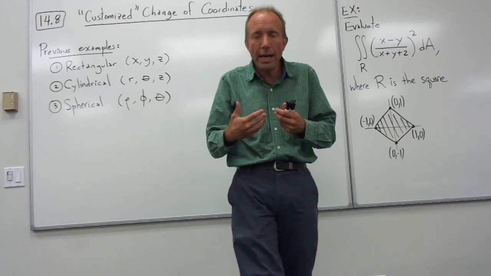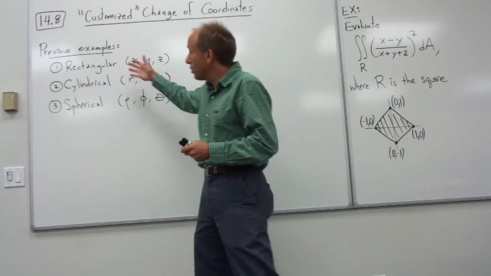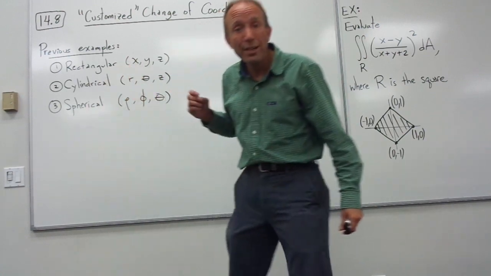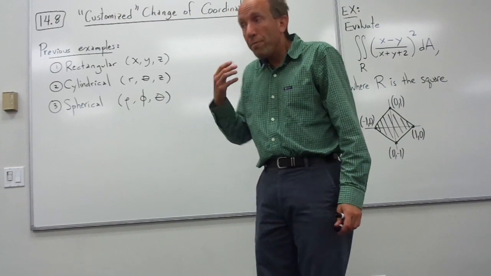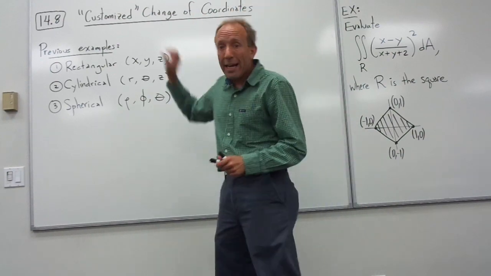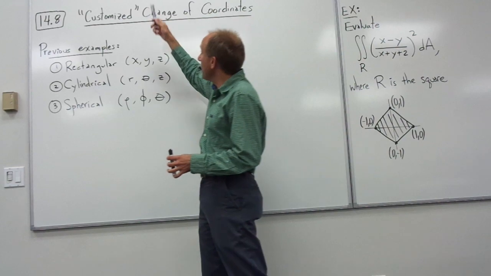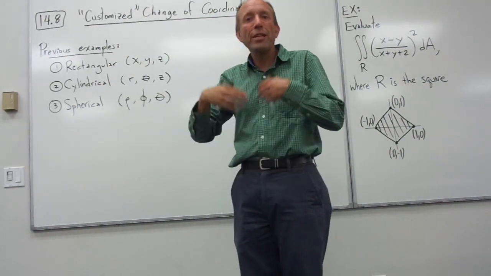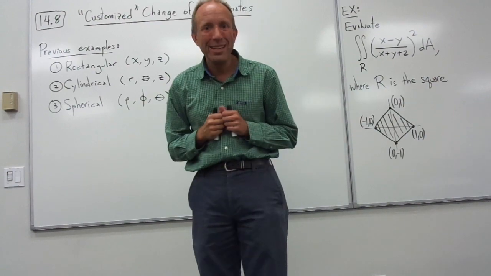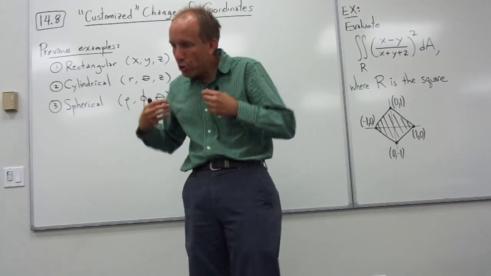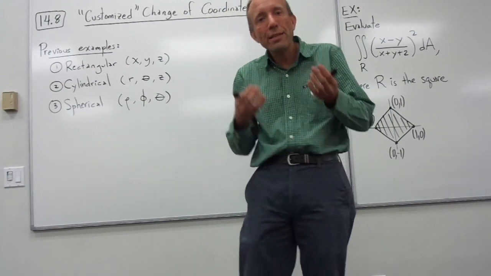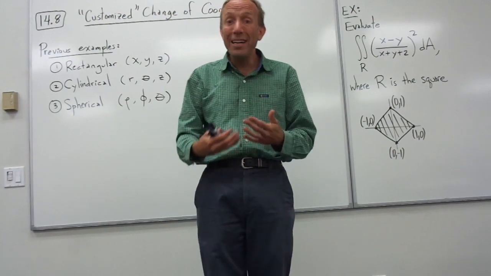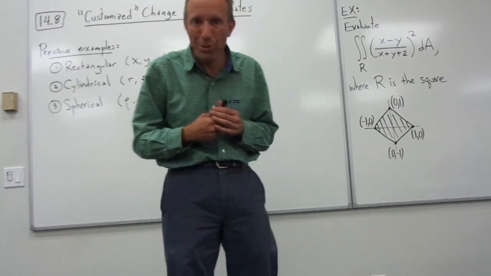We don't have to limit ourselves to a short list of possibilities. What we're going to talk about today is that we can sometimes literally customize the change of coordinates, and choose one that exactly simplifies the problem we are faced with.